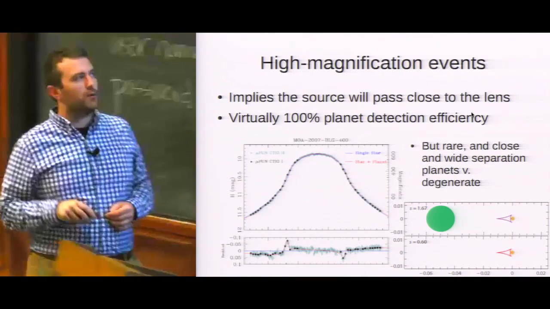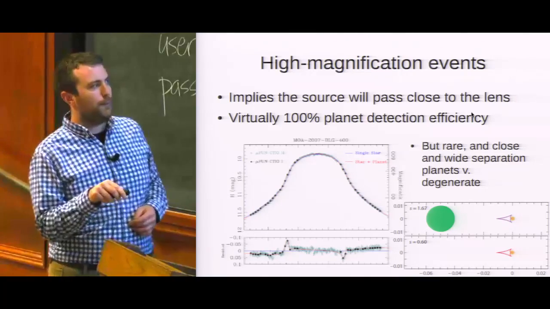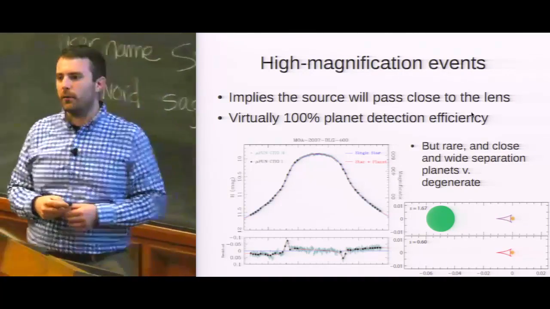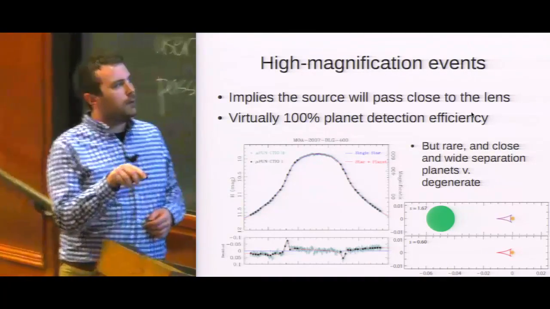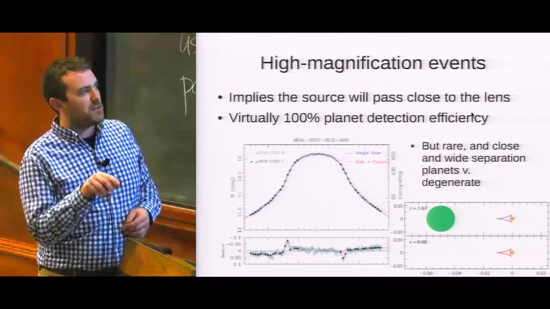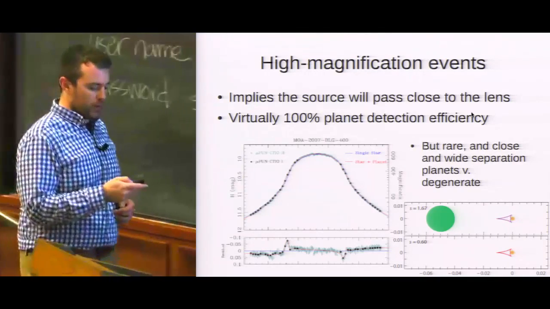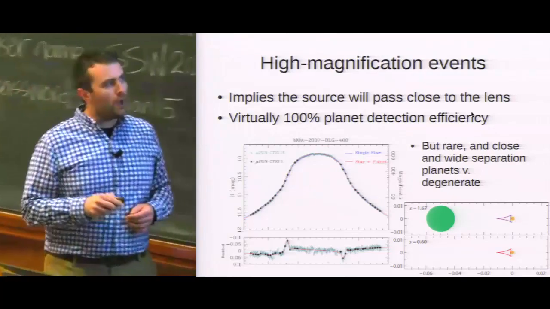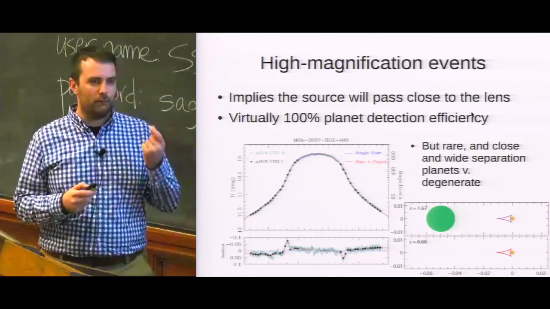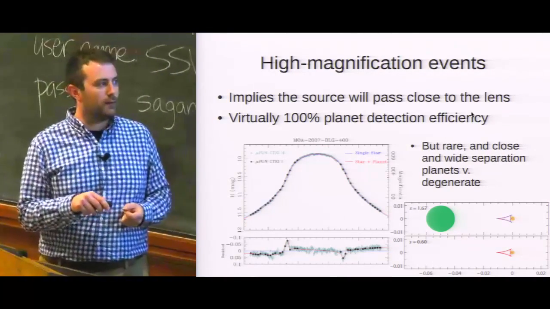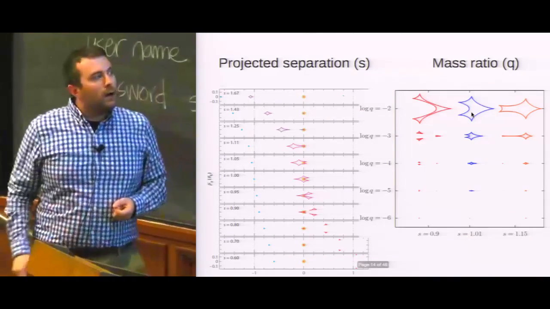And this is one case where it was successful. You can see the really minute cadence coverage over the peak of an event, and there's slight deviations from what you'd expect for a single point lens microlensing event. It tells you that there's a planet there.